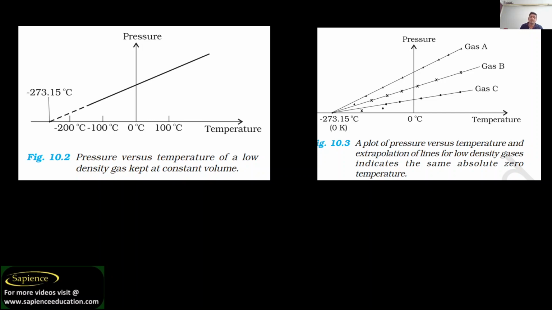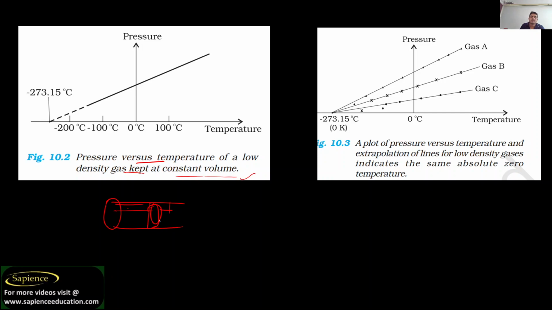Now we will try to understand the graph. This is the pressure versus temperature graph of a low density gas kept at constant volume. If the gas has a constant volume, the volume will remain fixed.